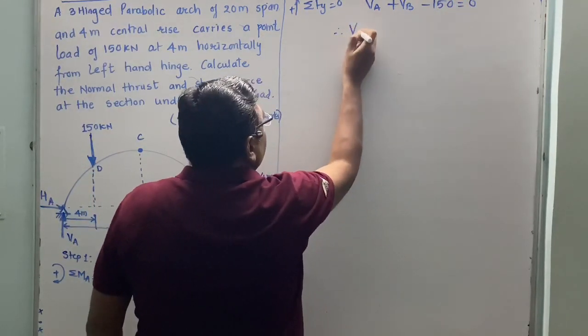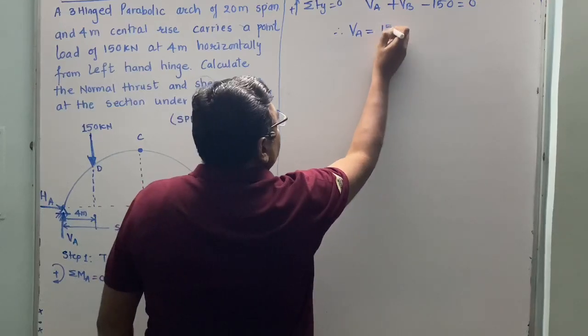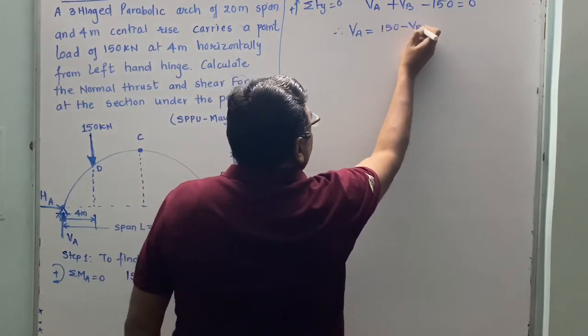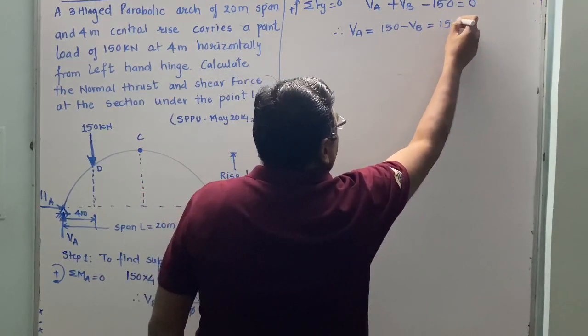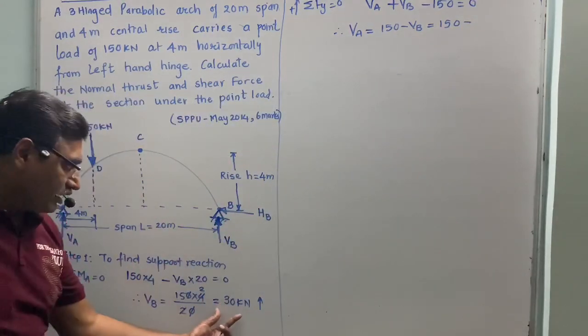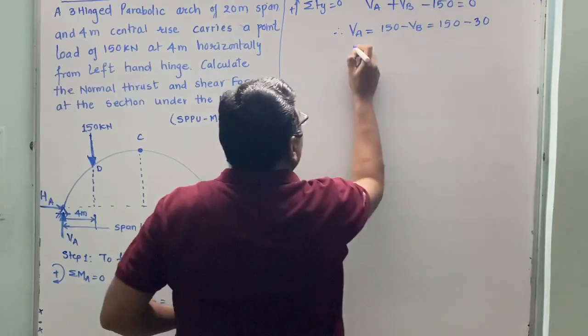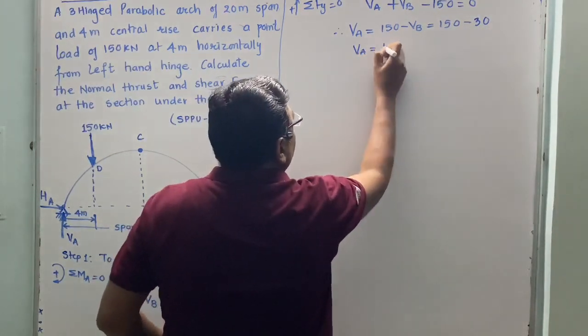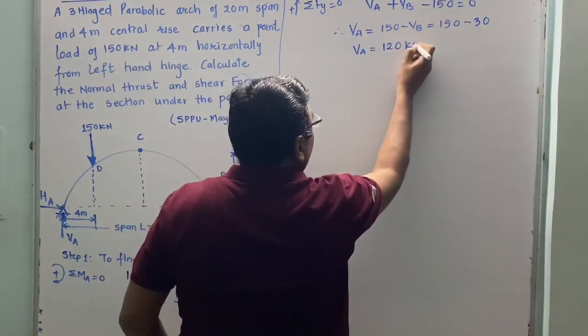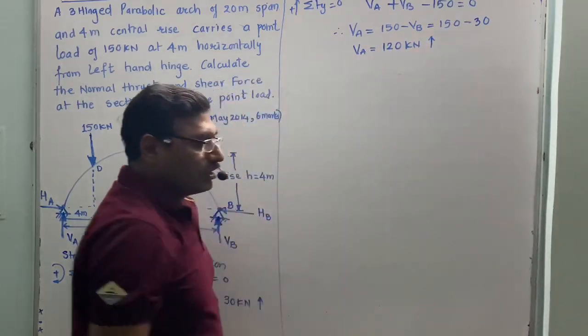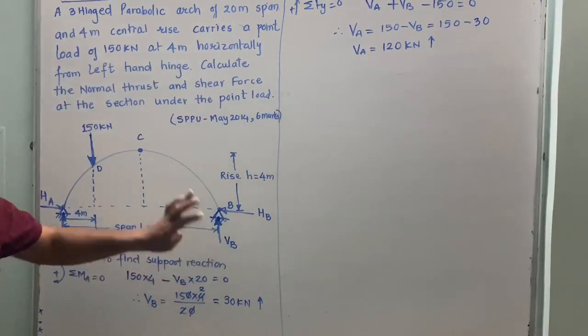Hence VA is equal to 150 minus VB, which is 150 minus 30. Hence VA is equal to 120 kilonewton upward. So we got support reactions VA and VB.